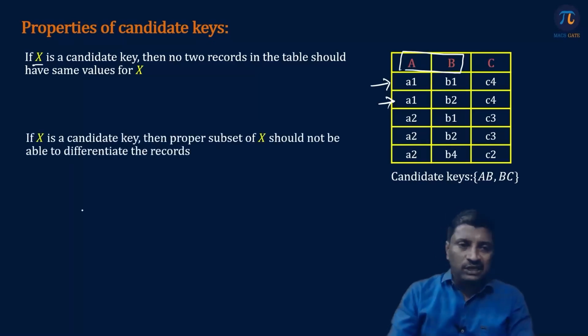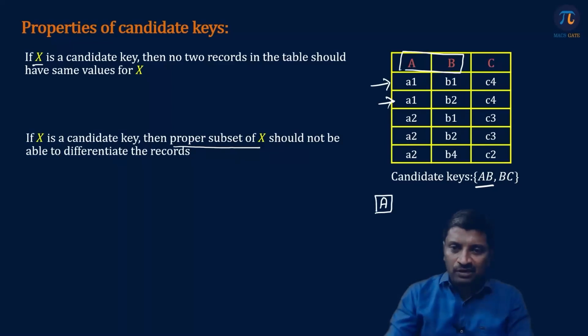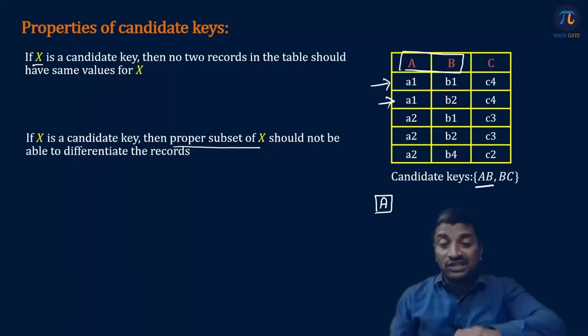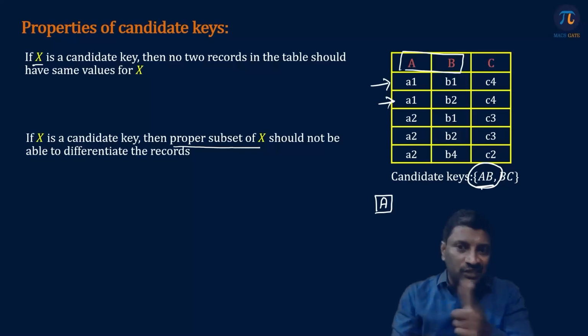The next one is: if X is a candidate key, then a proper subset of X should not be able to differentiate the records. For example, if AB is a candidate key and I consider the subset A, then this cannot differentiate the records, because if it could, AB would not be minimal, and then I cannot say it is a candidate key.